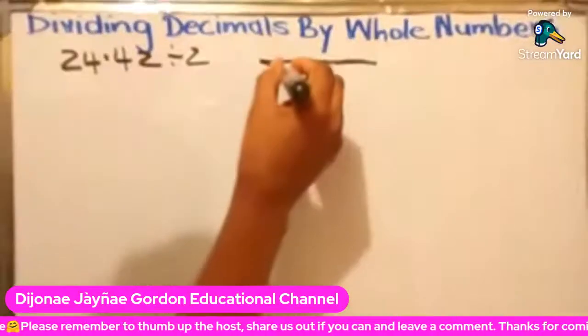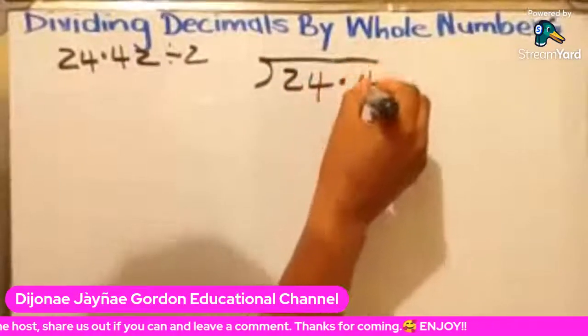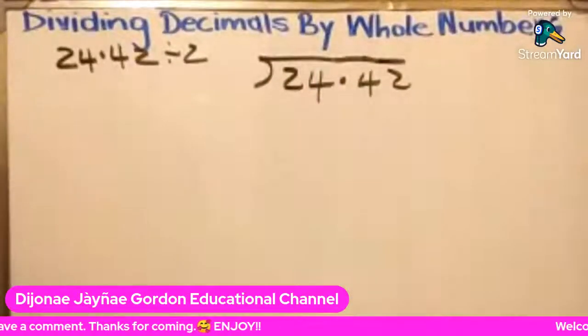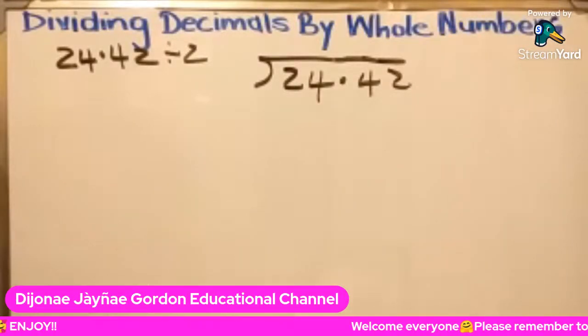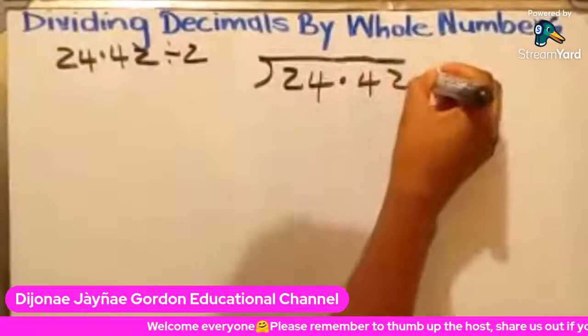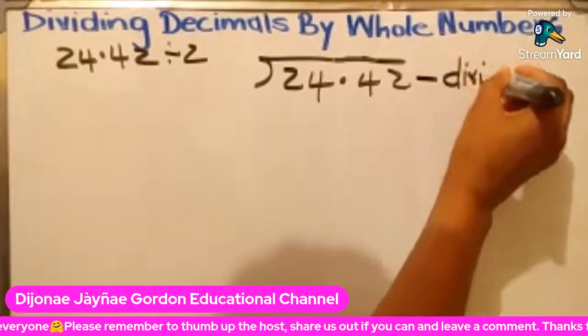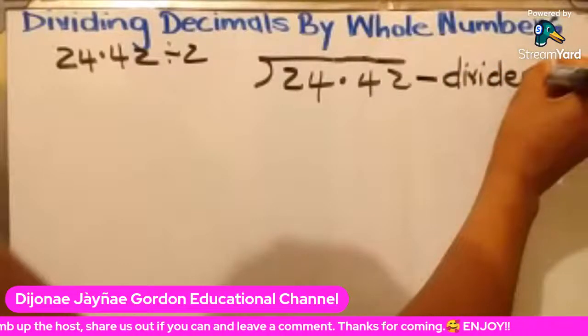So here we have 24.42. And of course, 24.42 is known to us as our dividend. So I'm going to write the word dividend right here for you. D-I-V-I-D-E-N-D. That's your dividend.